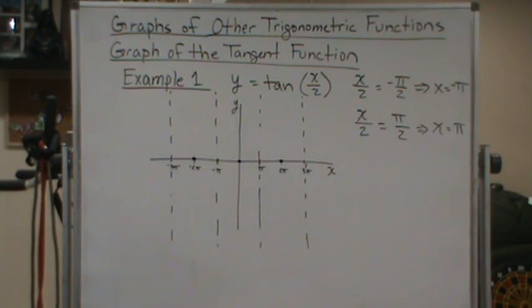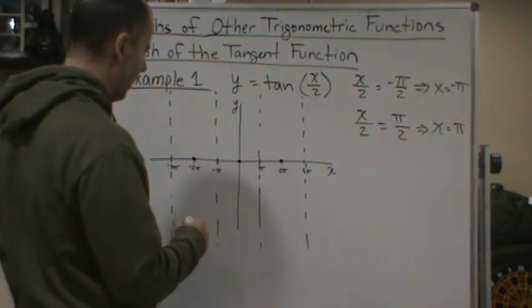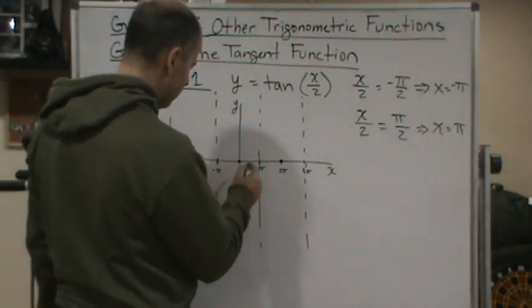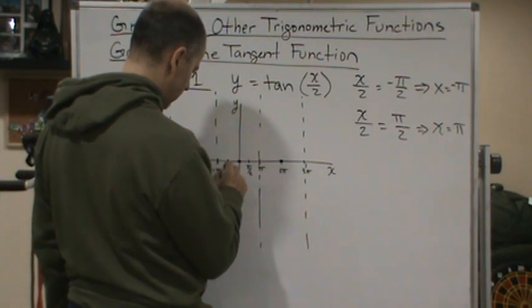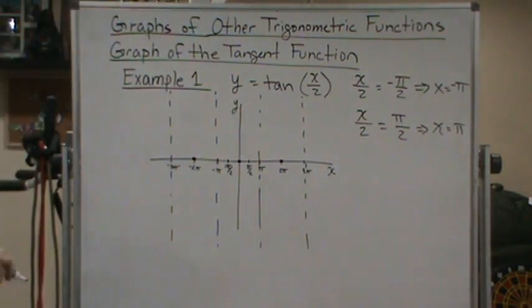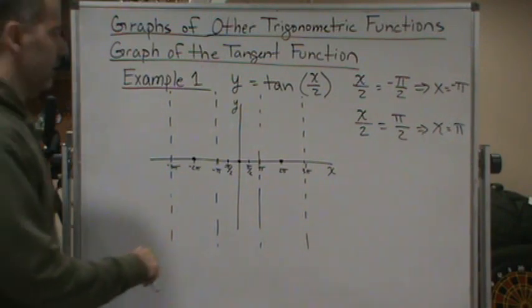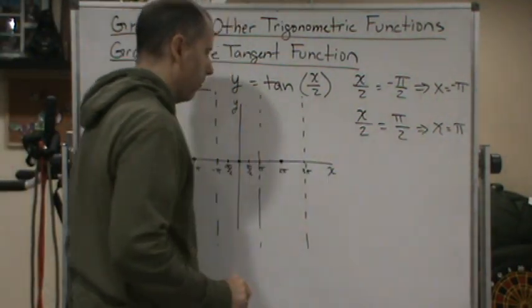And so, what about pi over 2? So, again, here we want to plot some points, right? So let's go to pi over 2. Let's go here, pi over 2, and here, negative pi over 2. Well, what's the value of this function when x is pi over 2? Well, inside here is going to be pi over 4, right?